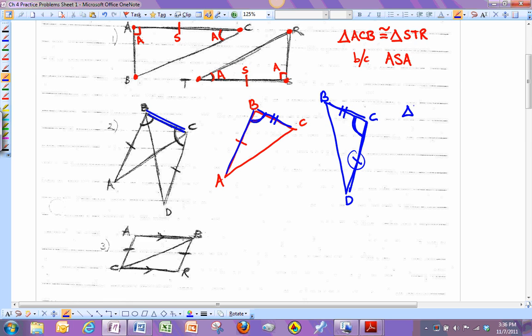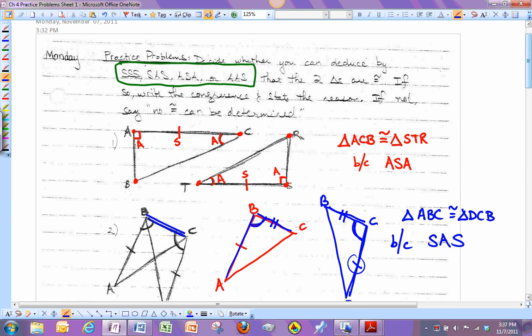So I can say triangle ABC is the same as triangle DCB because I have 2 sides and the angle in between, because of SAS. Okay, and again, SAS, that's one of my reasons up here.